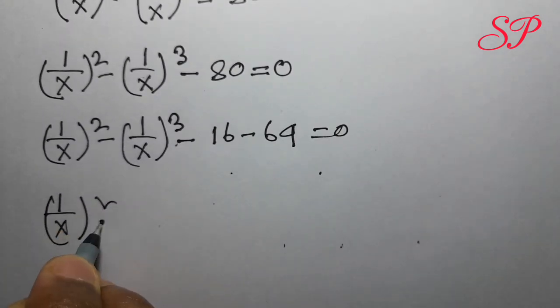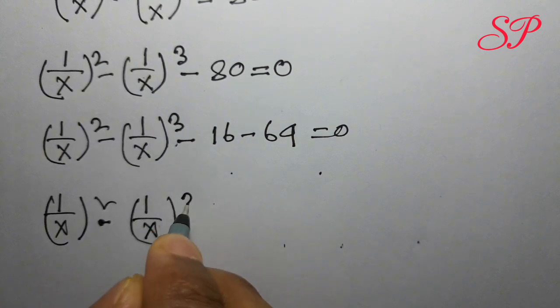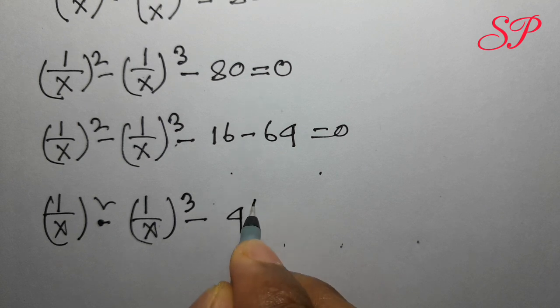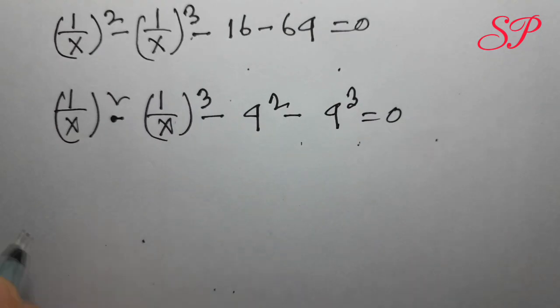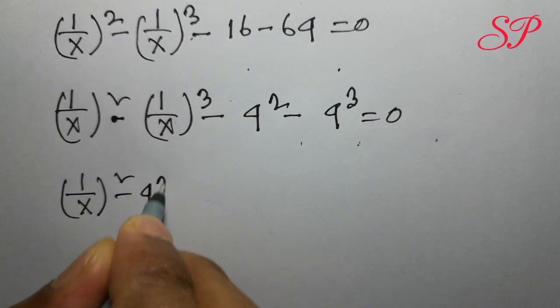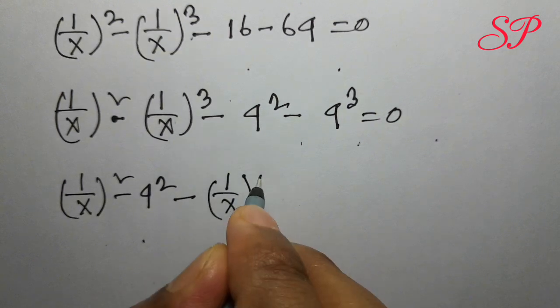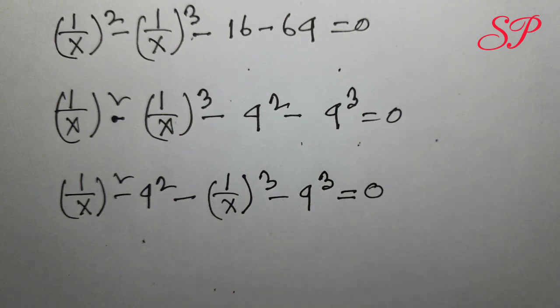all square minus 1 by x all cube, and we can write 16 as 4 square and 64 as 4 cube is equal to 0. Then we can write (1/x)^2 minus 4^2 minus ((1/x)^3 minus 4^3) is equal to 0.